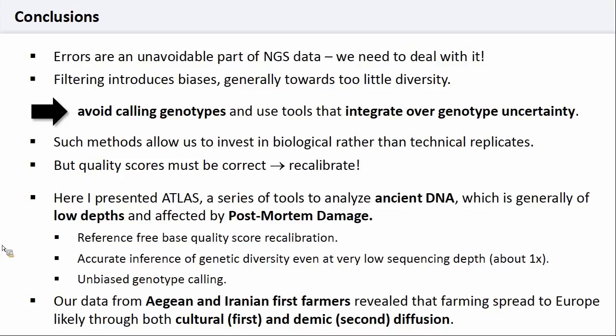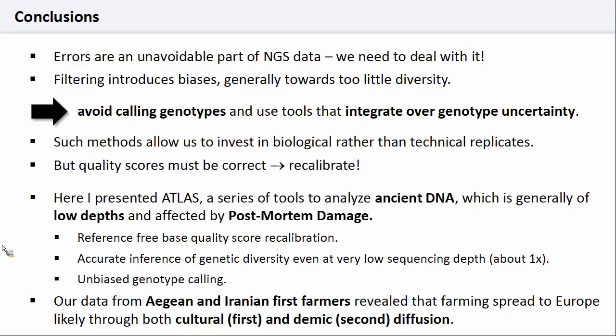I showed you how we developed a reference-free base quality score recalibration. I think that might also be interesting for people working with non-model organisms, for instance. We can accurately infer the genetic diversity of individuals, even if you have sequencing depths as low as 1x, right? Which, if you think about it, is quite remarkable.